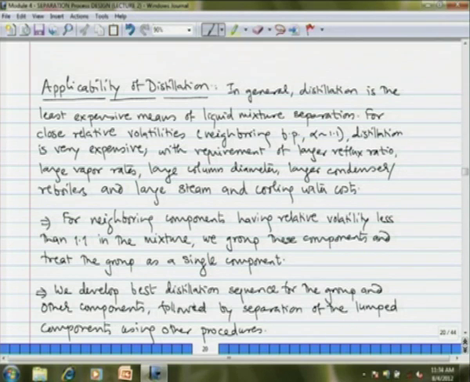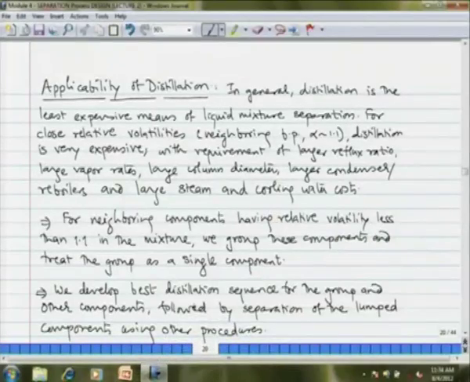For example, in liquid extraction you need to recover the solvent, so you need a distillation column there. If you want to go for a membrane process, then the membrane itself is a highly expensive component. So, although distillation is energy intensive because you have to use a reboiler and condenser, if you compare it with these other options, distillation still stands a good chance. Distillation is a comparatively least expensive means of liquid mixture separation.